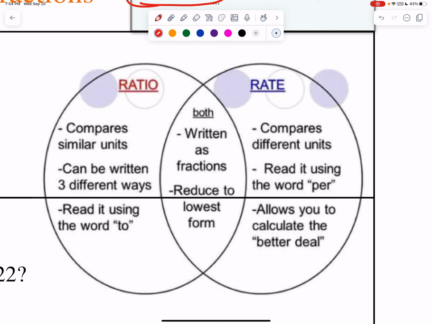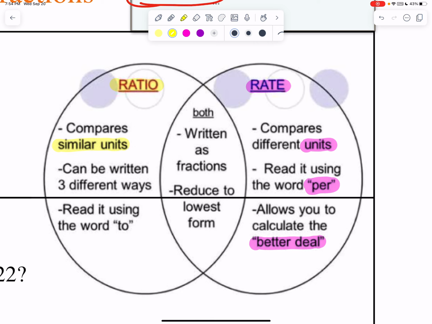The biggest thing is that when you are using the word per, like miles per gallon, or calculating a better deal with price per ounce and things like that, those are rates because they compare completely different units. Okay, so miles per gallon are completely different, whereas a ratio, all rates are ratios too, but a ratio is going to be similar units.